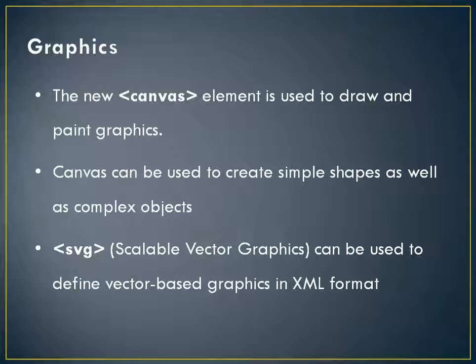SVG, which stands for Scalable Vector Graphics, can be used to define vector-based graphics, and this is done in XML format. So you can create graphics that no matter how much you zoom in or zoom out, the quality stays the same, just like any other vector graphic.